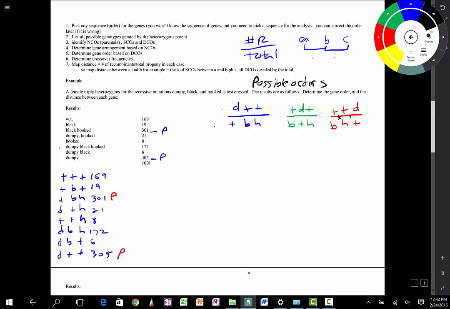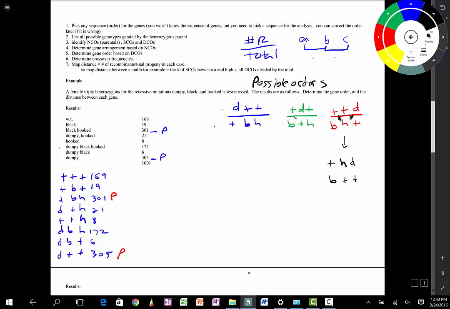So if we have a double crossover, now plus in H, and then H and D get connected together. So the H in the middle flips sides, and we get plus H D, and we'll also get B plus plus. So those are the types of gametes that we would get if we had a double crossover between B and H, if it was in that order.